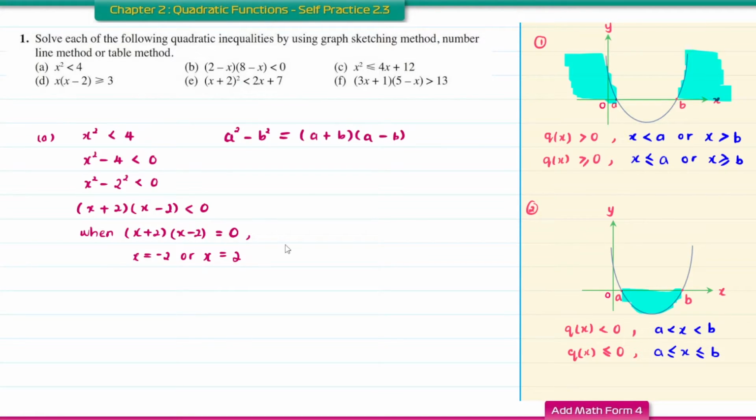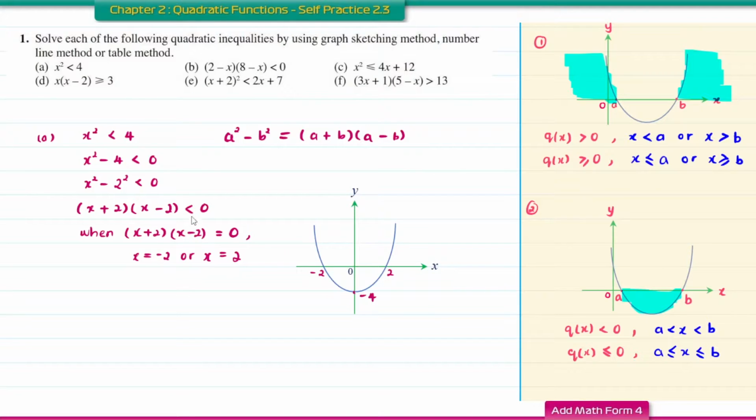So now I'm going to plot this graph. This is the graph that you're going to get. The a here is positive, therefore you're going to have a U shape, and you don't have the b, therefore the y-axis is going to be the axis of symmetry. And you have the roots here, which are negative 2 and 2. And you're going to have the c, which is the y-intercept, negative 4.